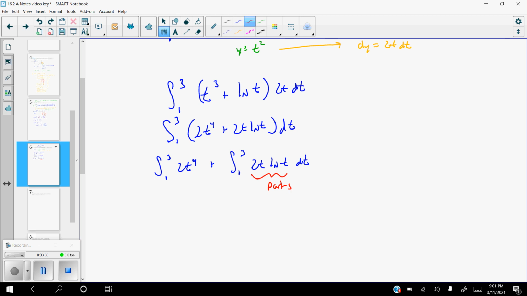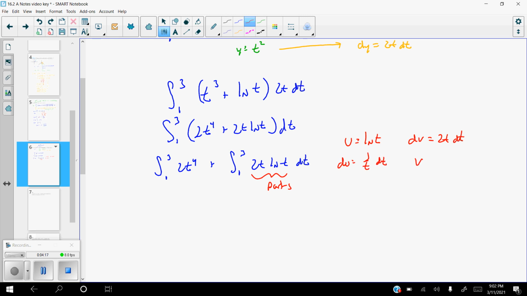If you remember integration by parts, u is going to equal, let's see, it's LIPET, so logs are first, so u has to equal the natural log of t. Then dv is going to equal everything that's left, which is 2t dt. We need du, which is 1 over t dt.